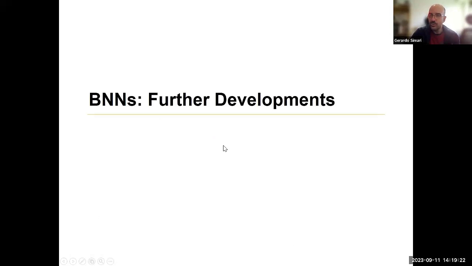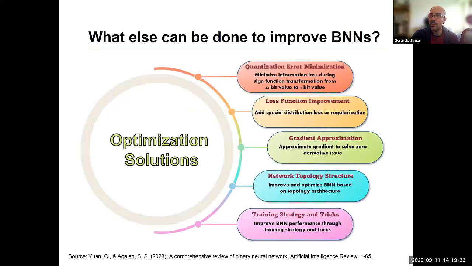So moving on to what else has been going on in the BNN literature. I prepared an overview based on a couple of recent surveys, where we can see all of these dimensions. First of all, quantization error minimization.